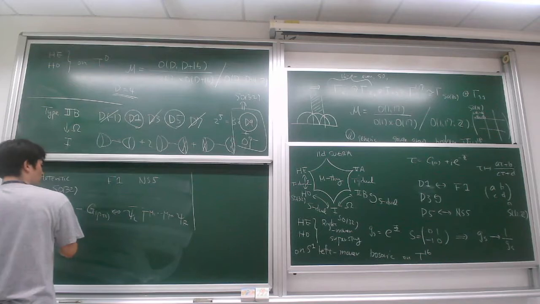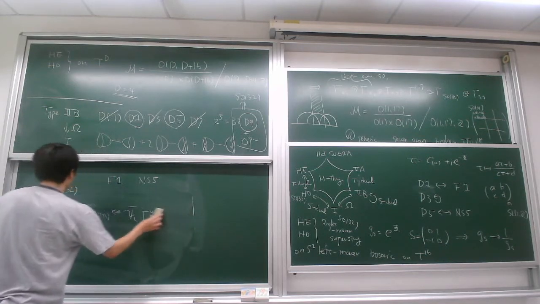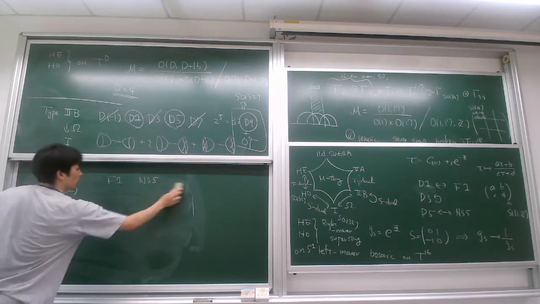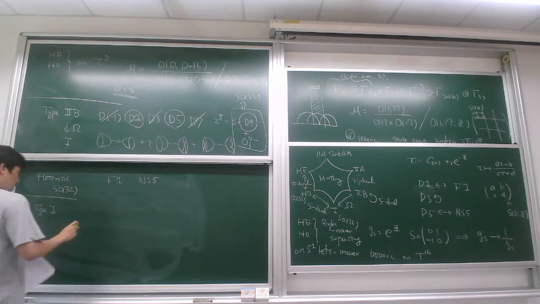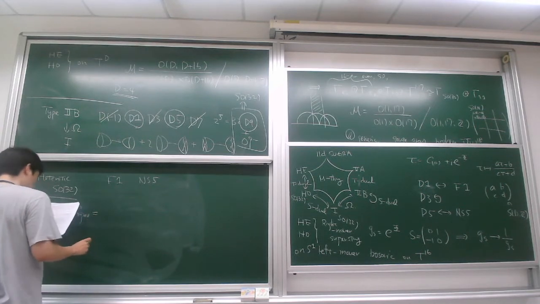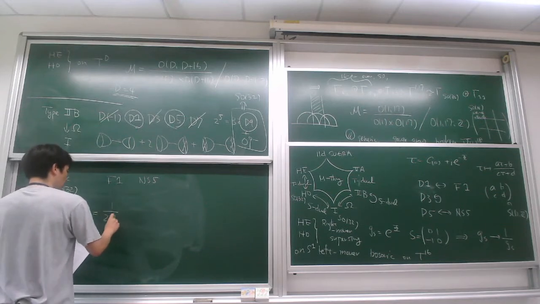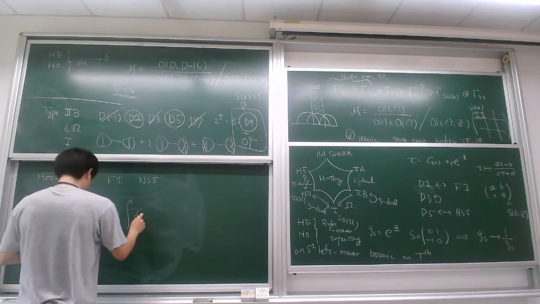So now let me erase and write down the supergravity action for type 1. The gravity action is very similar to what we had before, but the supersymmetry is reduced.